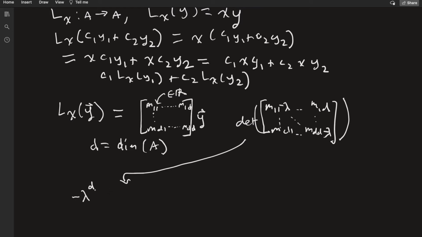So negative lambda^d plus c1 lambda^(d-1) plus c2 lambda^(d-2) dot dot dot, and you have c_d at the very end.